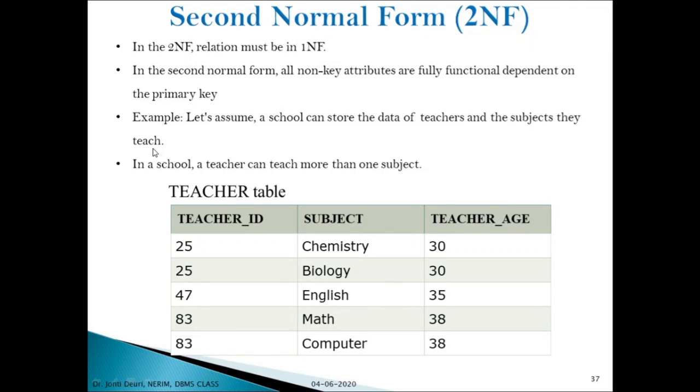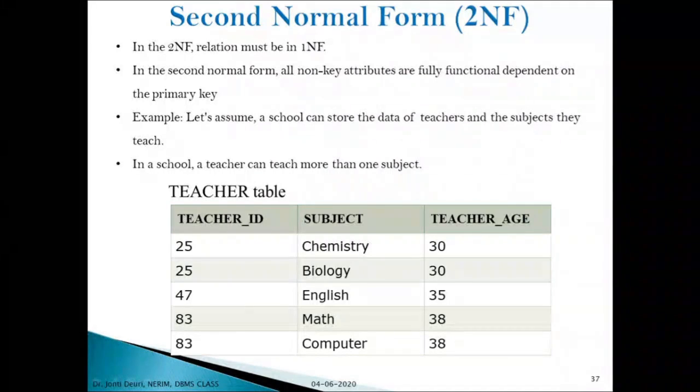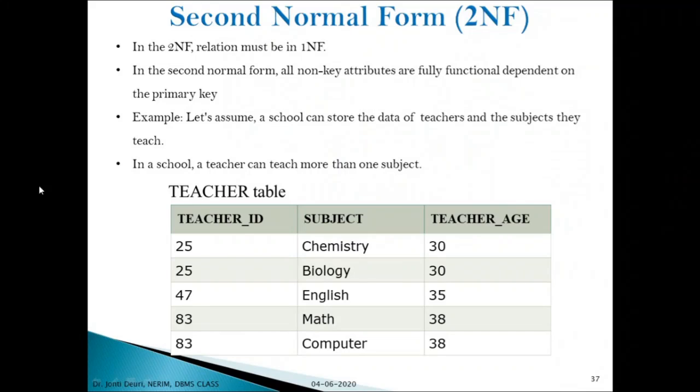So now we will take an example. Let's assume a school stores the data of teachers and the subjects they teach. Here we have teacher ID, subject and teacher age.